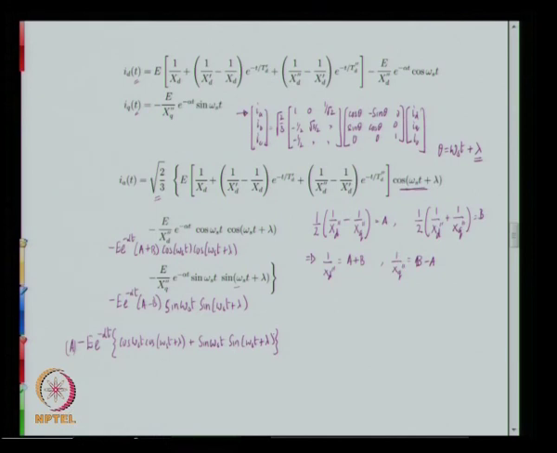So, this is one term, and then you have B minus A. So, what one can do is this is minus B times e to the power of minus alpha t into cos omega st cos omega st plus lambda, and then because there is a minus sign here as well, so this becomes plus.